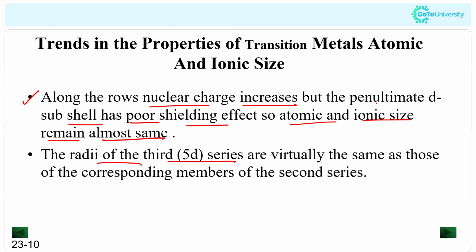Now, the radii of the third series are virtually the same as those of the corresponding members of the second series. This is also important. So, note down the points. So, these transition elements are usually showing all kinds of properties from ionic size.